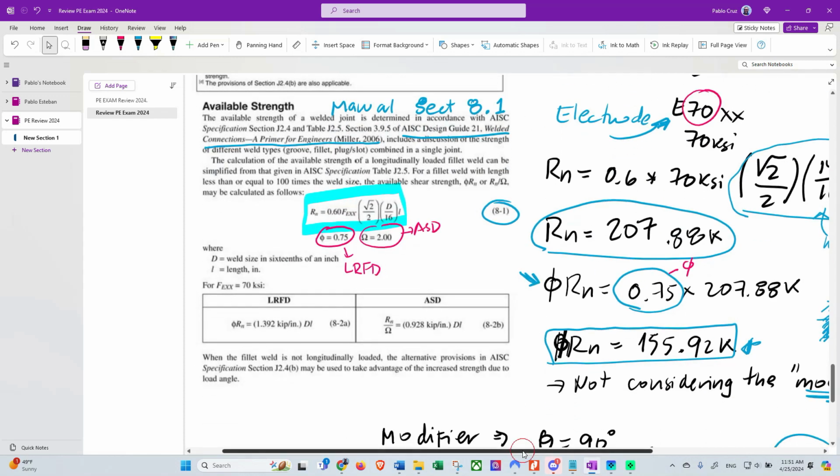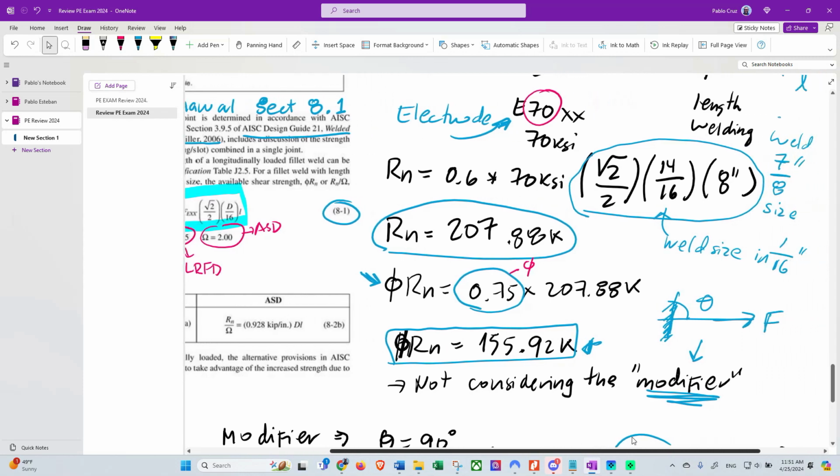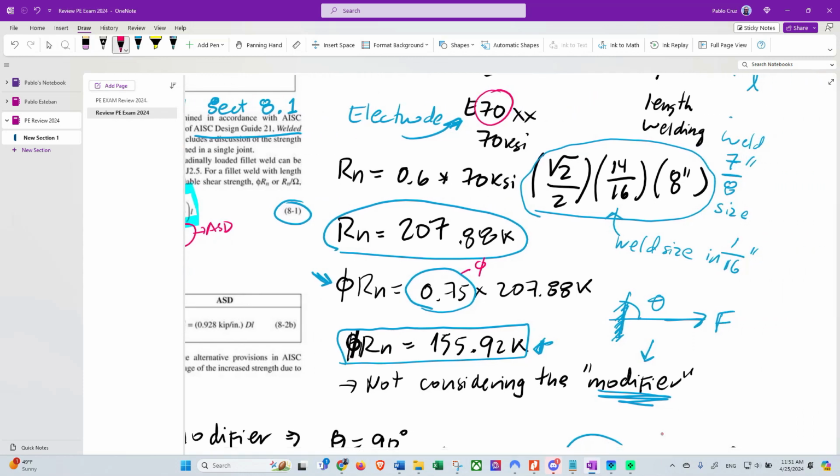So we need to notice something here. We have not considered yet the modifier we have been talking about. I'm going to mention one more time here. We have a force, we have the line of action of this force, and then we have our welding or fillet welding. This fillet welding is acting with respect to the force with an angle, in this case 90 degrees.